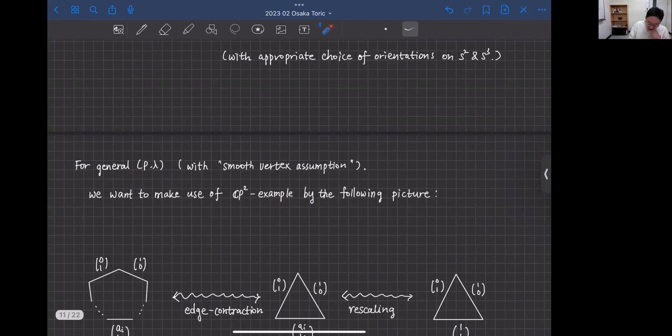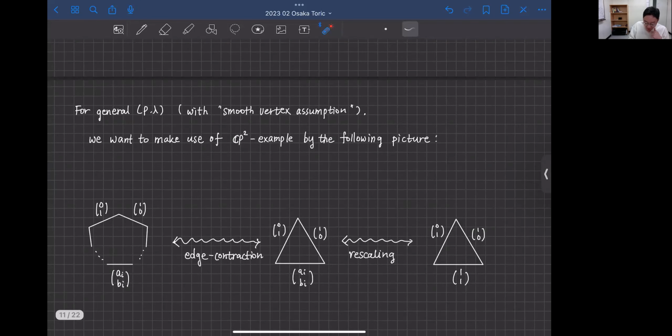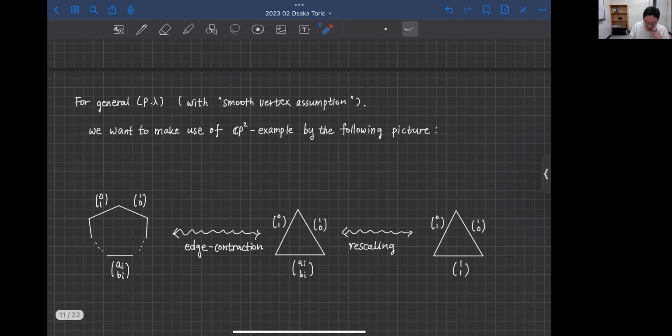There's a long way to go from this general characteristic pair to the characteristic pair for CP2. So this is just a combinatorial procedure of getting this pair from this general pair.